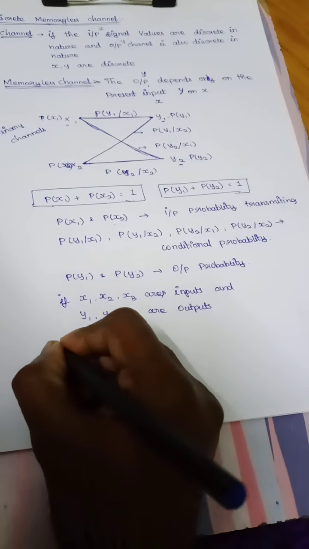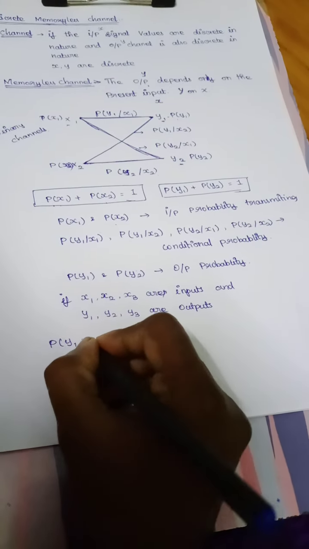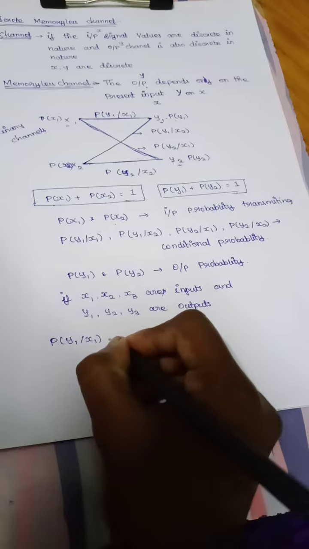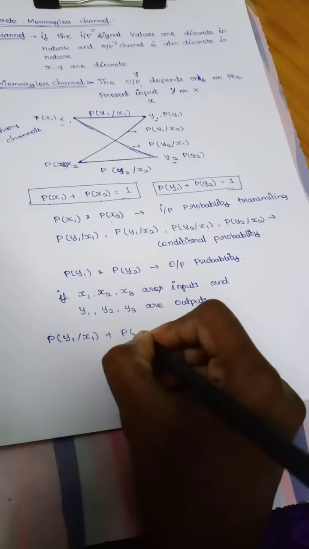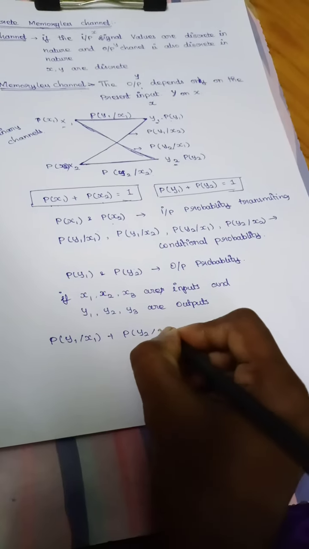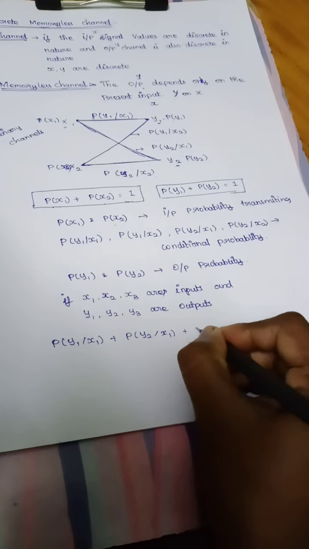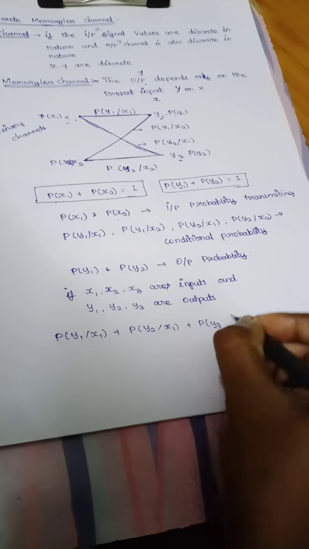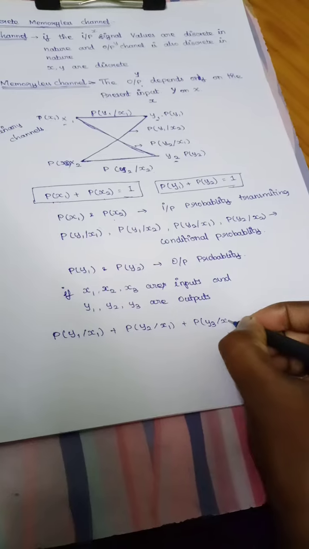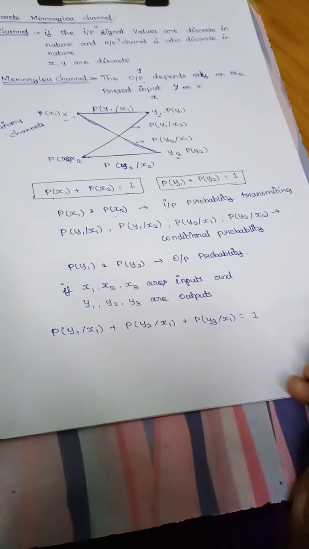Here P of y1 divided by x1 plus P of y2 divided by x1 plus P of y3 divided by x1 is equal to 1.